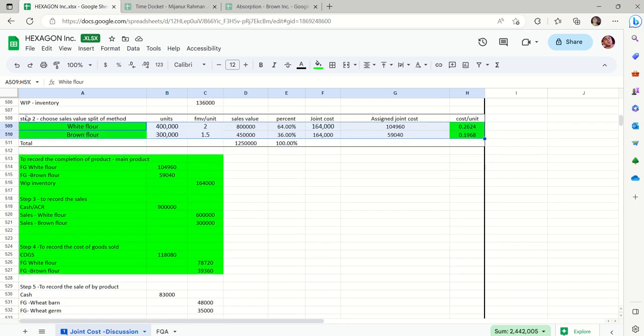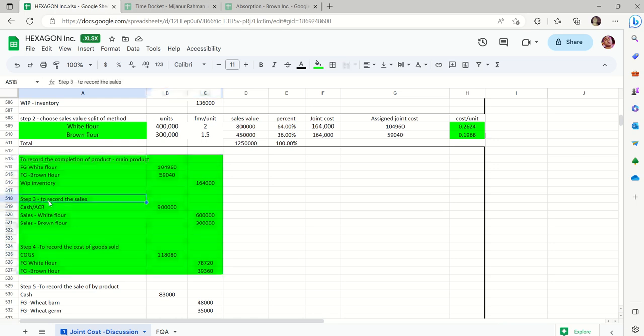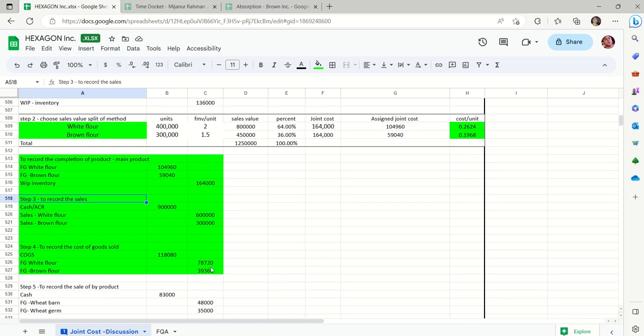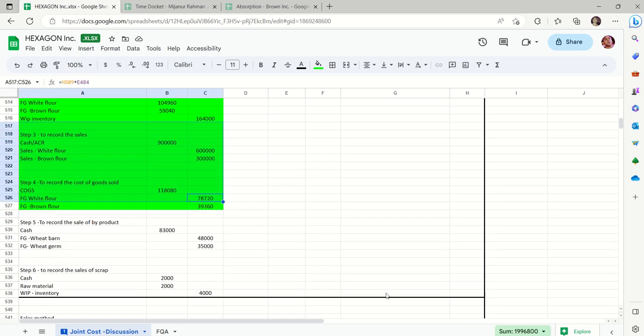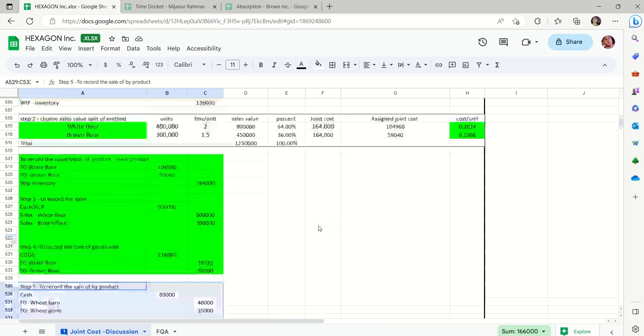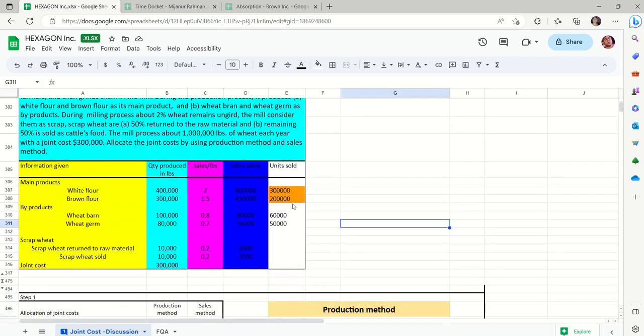Then we do the journal entries with respect to finished good inventory, with respect to amount sold, with respect to cost of goods sold. This is for the main products. Once that is done, then we move to record the sale of the byproduct, because we did sell the byproducts right there.